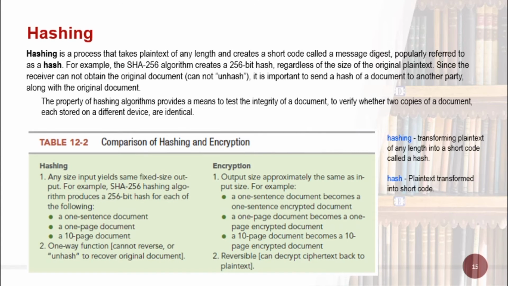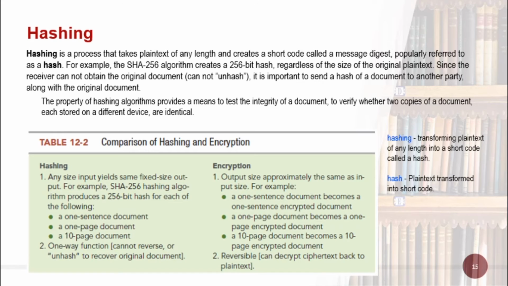This is hashing. What is hashing? Hashing is almost the same as encryption, in that it makes a document secure, but there is a difference. But before that, what is hashing?